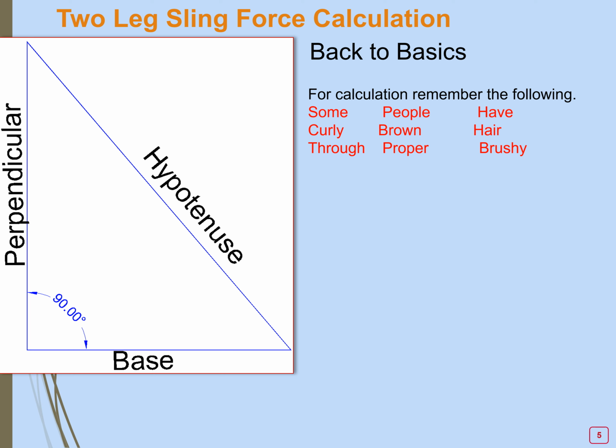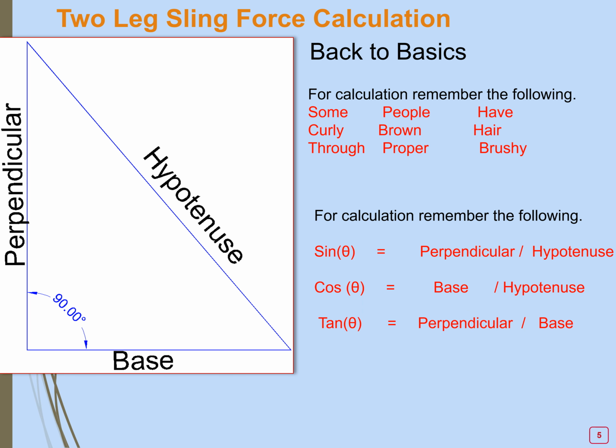For calculation, we need to remember one sentence, which is: Some People Have Curly Brown Hair Through Proper Brushing. Why do we need to remember this? Because this will help us to find the angle. Sine theta, S for sine, is equal to P, perpendicular, over H, hypotenuse.